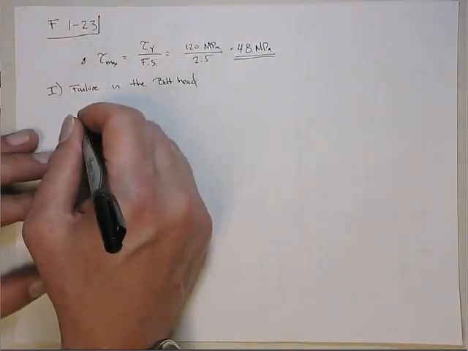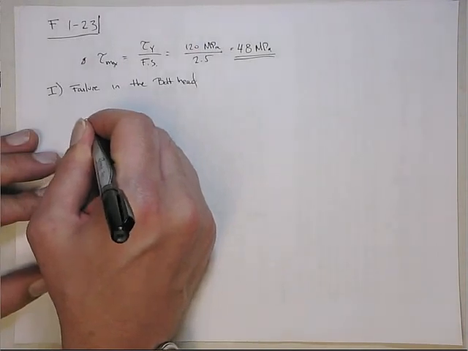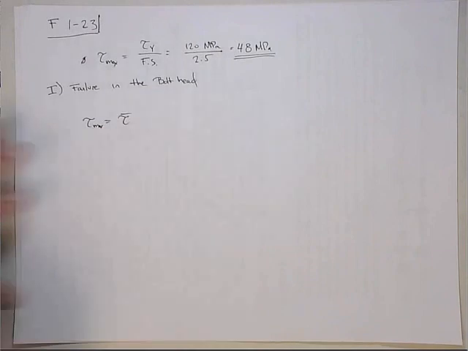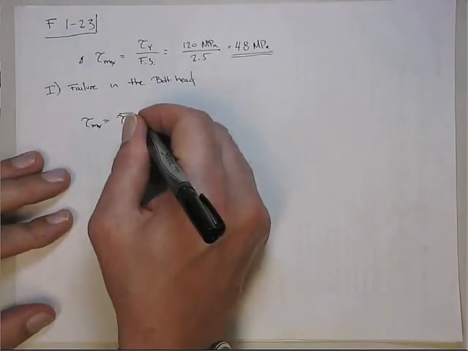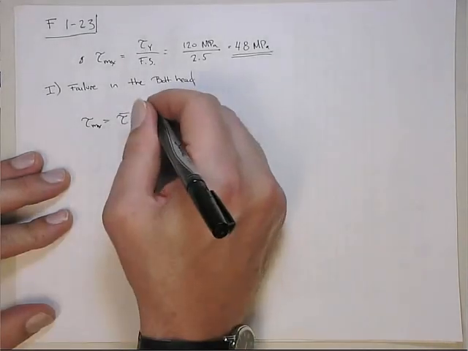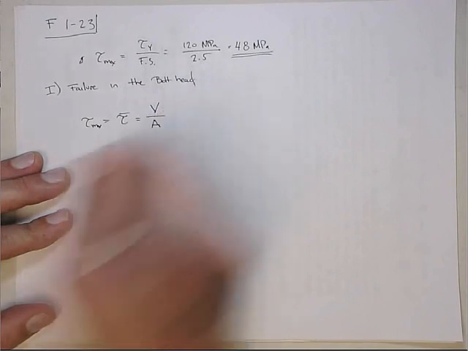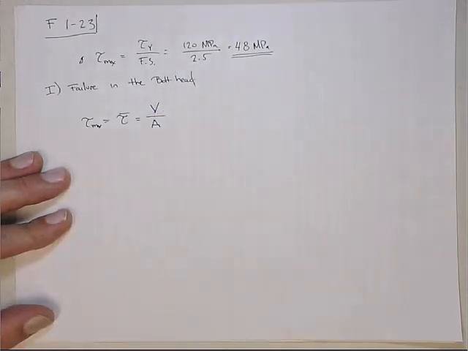So in this case, we're going to design it so tau max equals the average shear stress, which is equal to the shear force over the area.